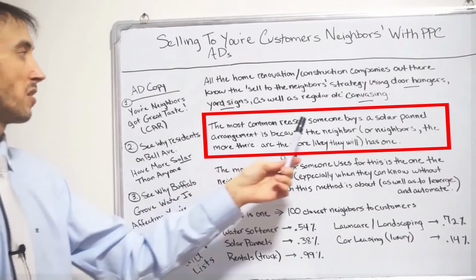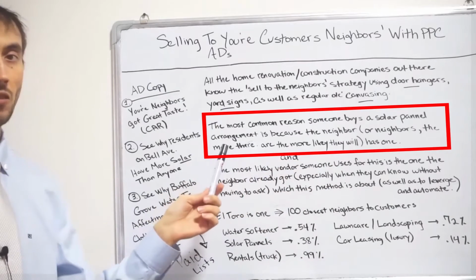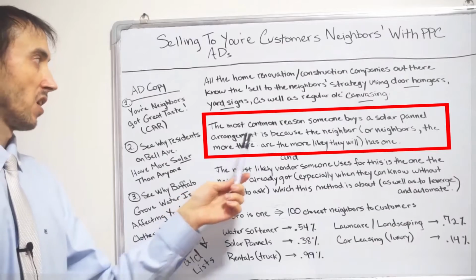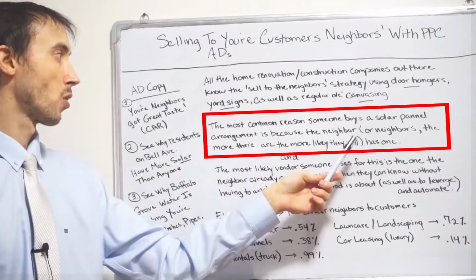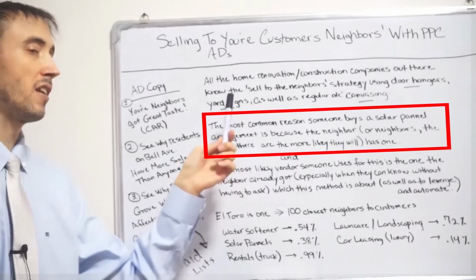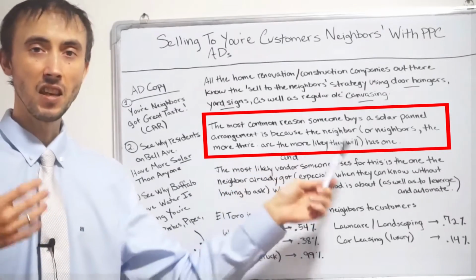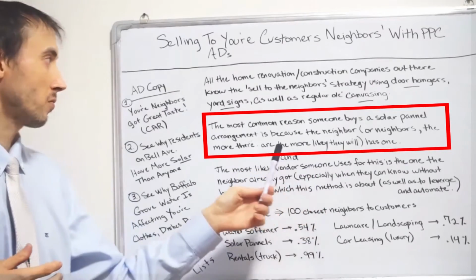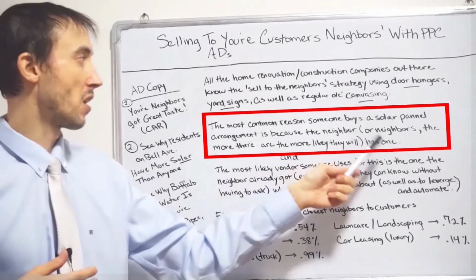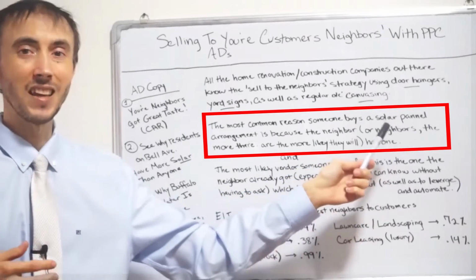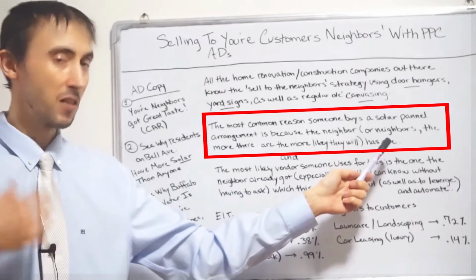So the most common reason someone buys a solar panel in the solar panel market is because the neighbor, or neighbors, if there is more than one person in a general area that has a solar panel, has one.